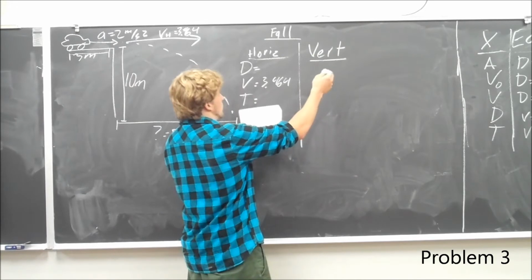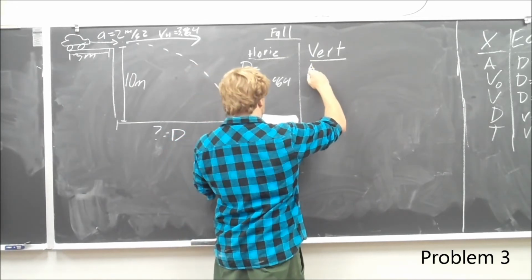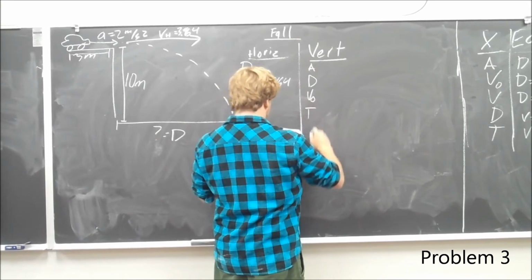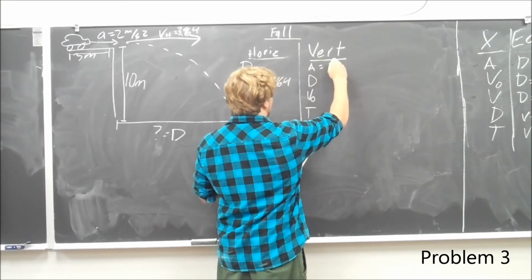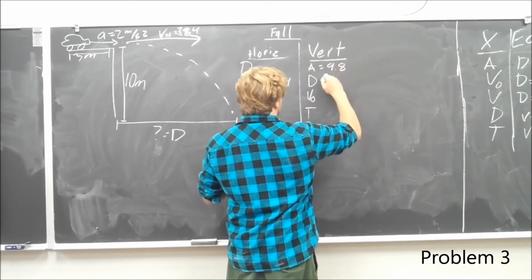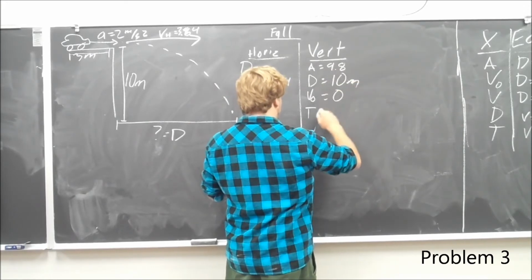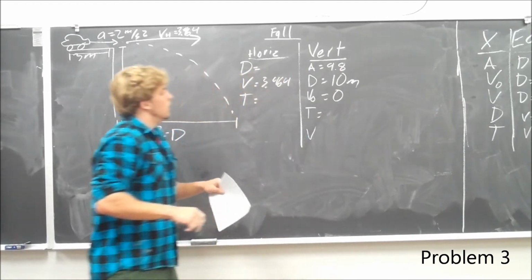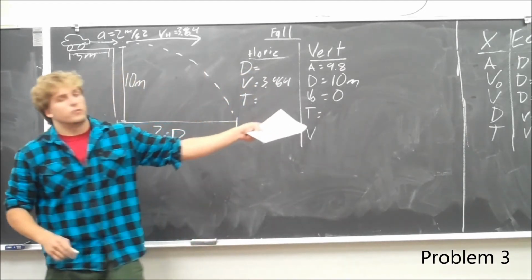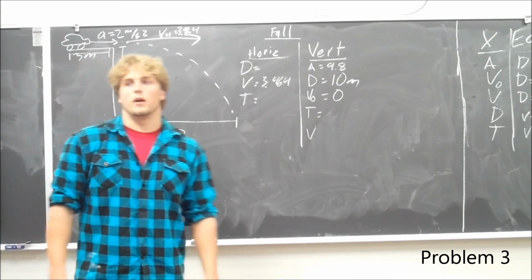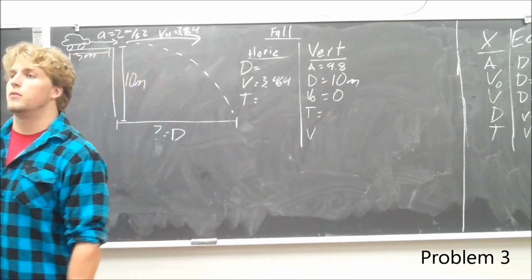Then we go to the vertical. Now this, we've got a good amount of stuff on. Acceleration is 9.8. Not all of you have been to my office hours, so here's my spiel about gravity and whether it's negative or not.